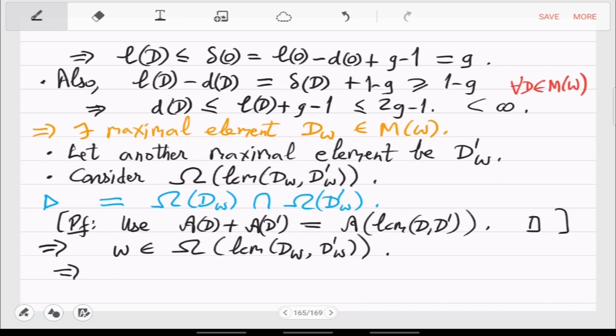So by maximality, the only way out is D omega equal to D prime omega, and that is the uniqueness.